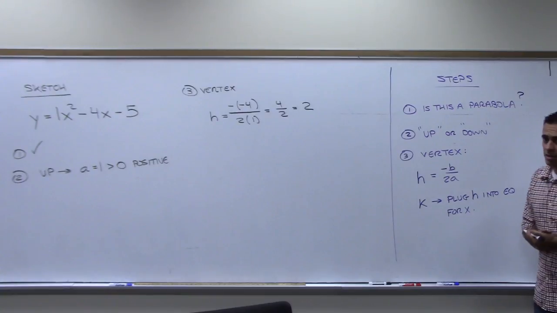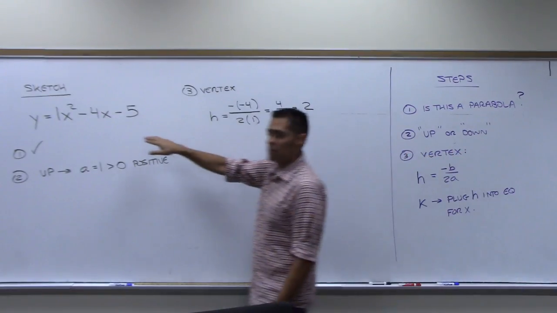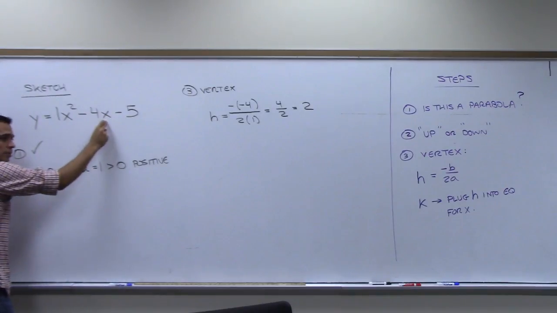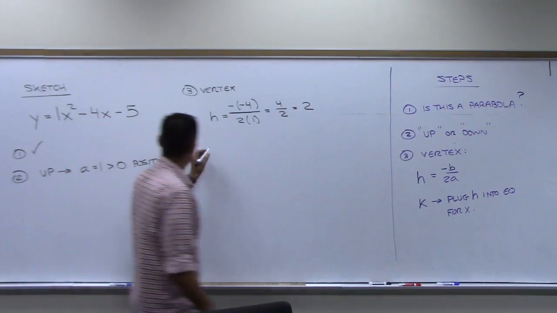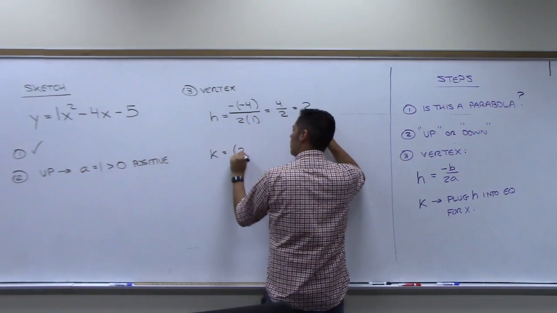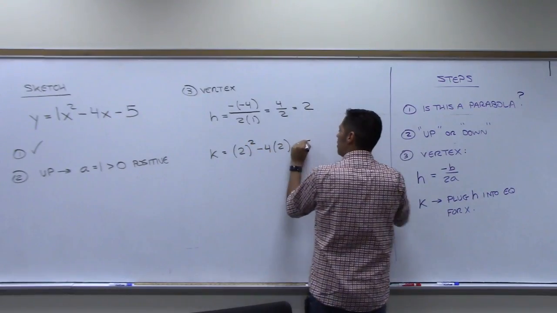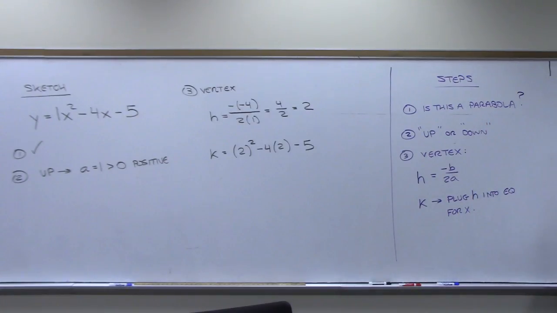Okay, that's h. Now to get k, we're going to plug that value that we just got into the original equation for x. I'm going to replace this with what? 2. Figure out what that is. That's k. So k is equal to this 2 plugged in and squared minus 4 times 2 minus 5. Understand what I did there?